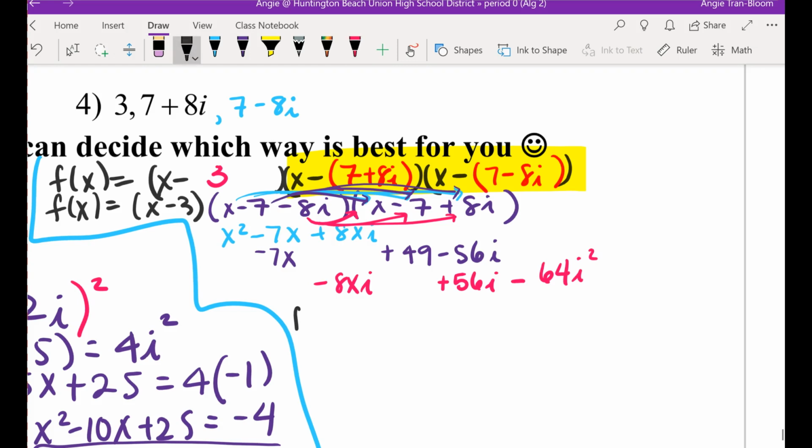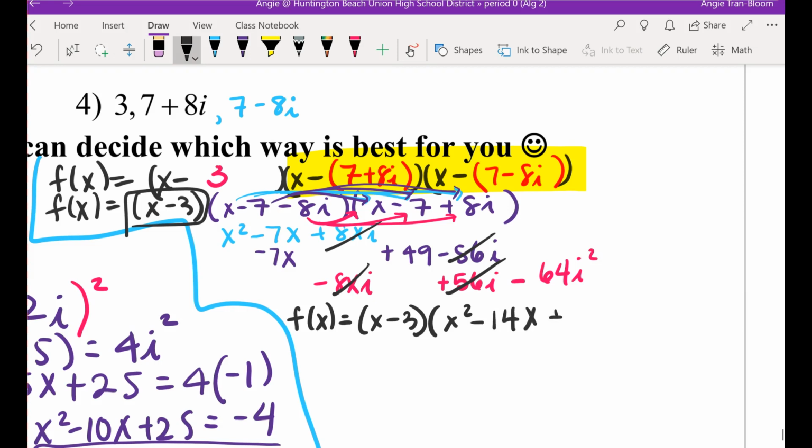Okay? All right. F of x is, I'm going to drop down the x minus 3. Can you see we haven't done anything with that? Okay. Then here we go. Can you see the i terms are canceling? Yep. So I have x squared. How many x's do we have? Negative 14x. Then I have a positive 49. The negative 64i squared becomes a positive 64.